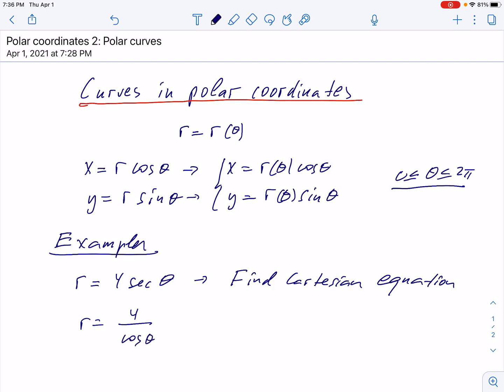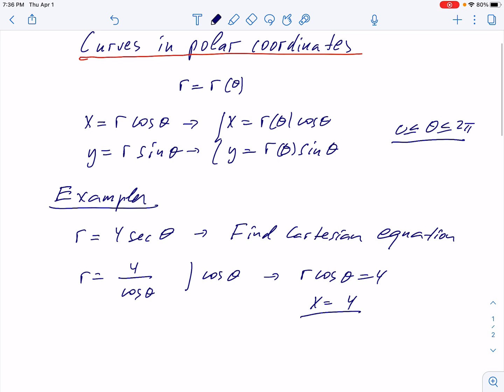And then we have this polar curve. If we multiply both sides by cosine theta, what we get is r cosine theta equals 4. But on the left side we have nothing else but x. So x is 4.